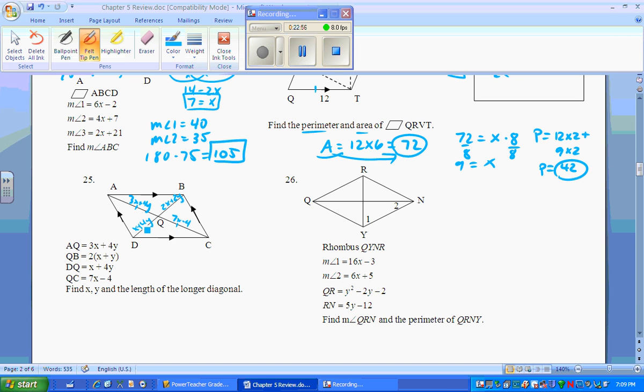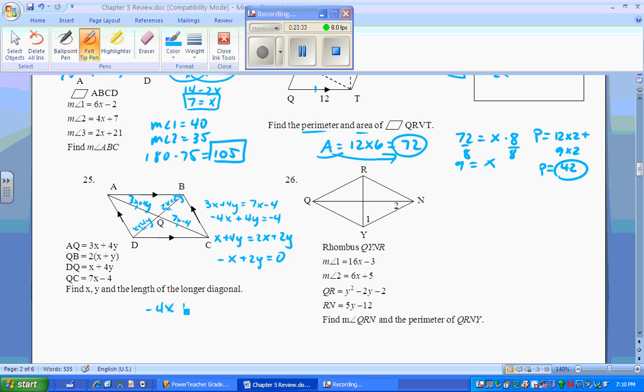Well, you know that diagonals bisect each other, so we can set 3x plus 4y equal to 7x minus 4 for one equation, and we can set x plus 4y equal to 2x plus 2y. Minus the 7x this way, we'll get negative 4x plus 4y equaling negative 4. And this one, when we minus them over, we'll get negative x plus 2y equaling 0.